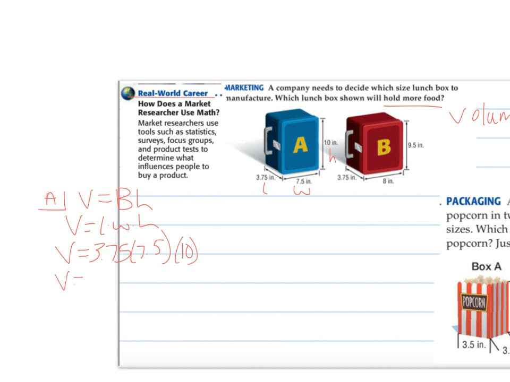And I work down. So notice this is same formula, plug in, work down. When I do that multiplication here, I get 125 thousandths times 10. So my volume is 281 and 25 hundredths cubic inches.